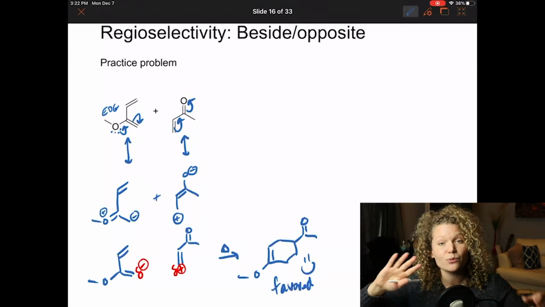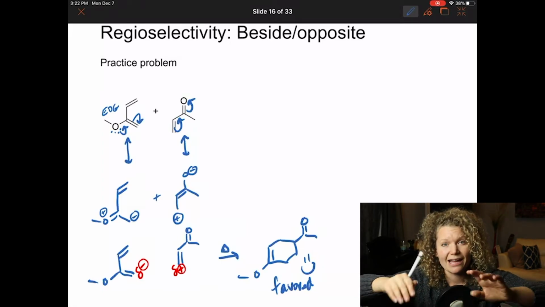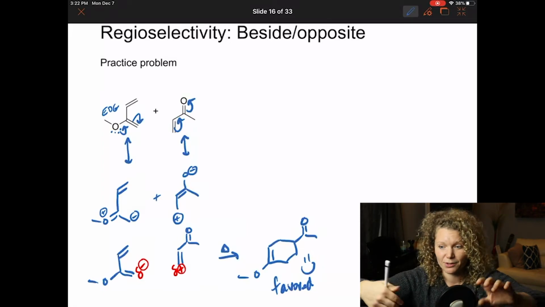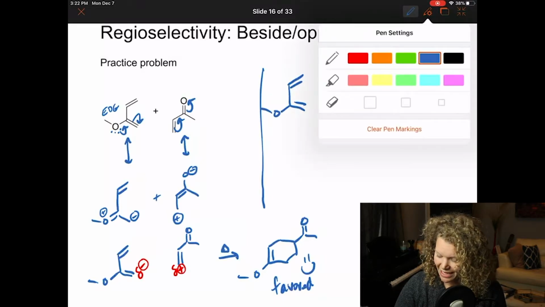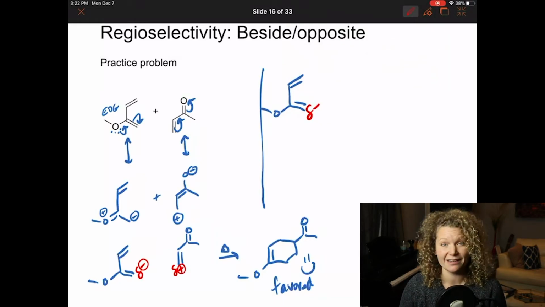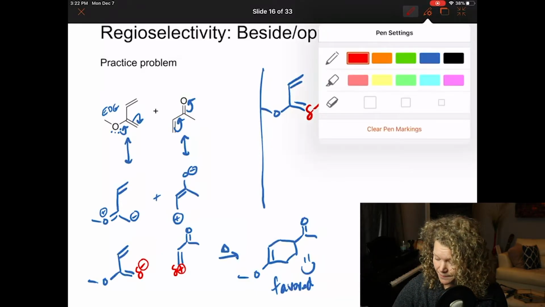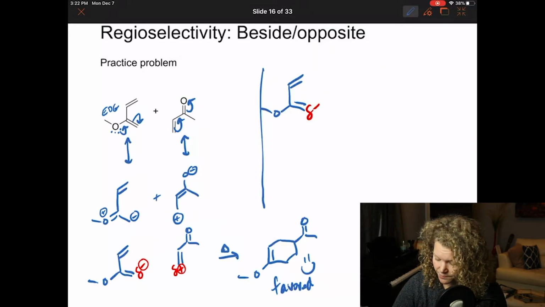Let's see what happens if we rotate our dienophile and make the disfavored formation, okay? So I'm going to take and redraw our diene with our partial negative. I'm going to flip the dienophile over.